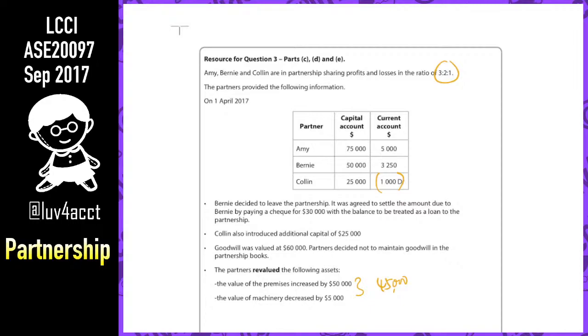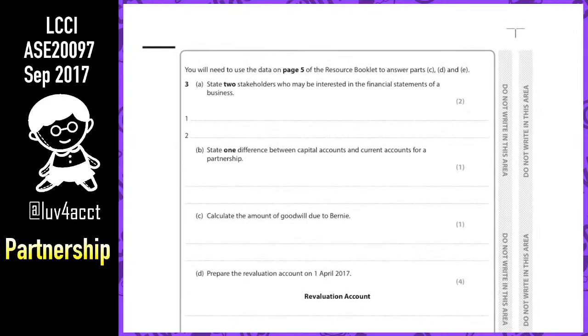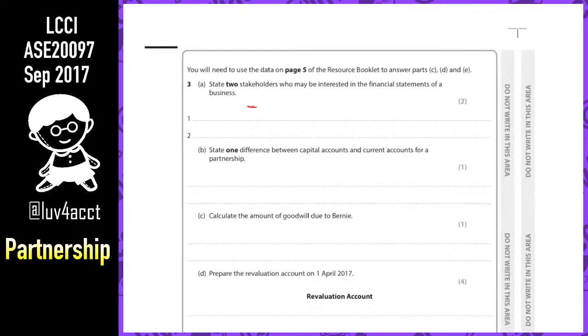So let's see what we have to do. First, state two stakeholders. Again, employee, government. State one difference between capital accounts and current account for a partnership. The capital account balance is fixed.